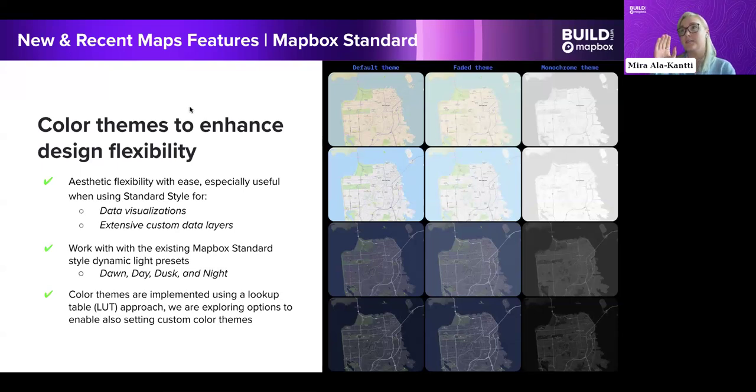As you can see in the visualization, they also support the dynamic light presets that we have in our Standard style, which are dawn, day, dusk, and night, so that they can be set to correlate with the user's surroundings. These themes are implemented using lookup tables, LUTs, and as a sneak peek to the future, we're also exploring options to enable our customers to develop custom color themes using custom LUTs.